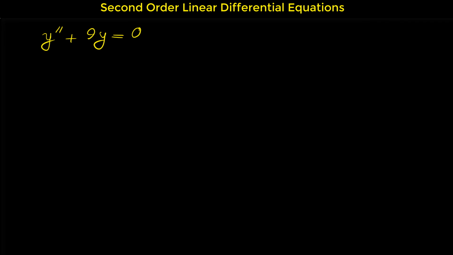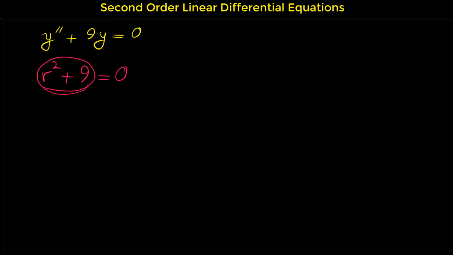First we have to write the characteristic equation. a is 1, so we have 1 r squared, but we don't have any y prime, so we don't have any br. Actually we have 0r, which is not necessary to write, plus c. The c value is 9, so r squared plus 9 equals 0 is the characteristic equation of this differential equation.